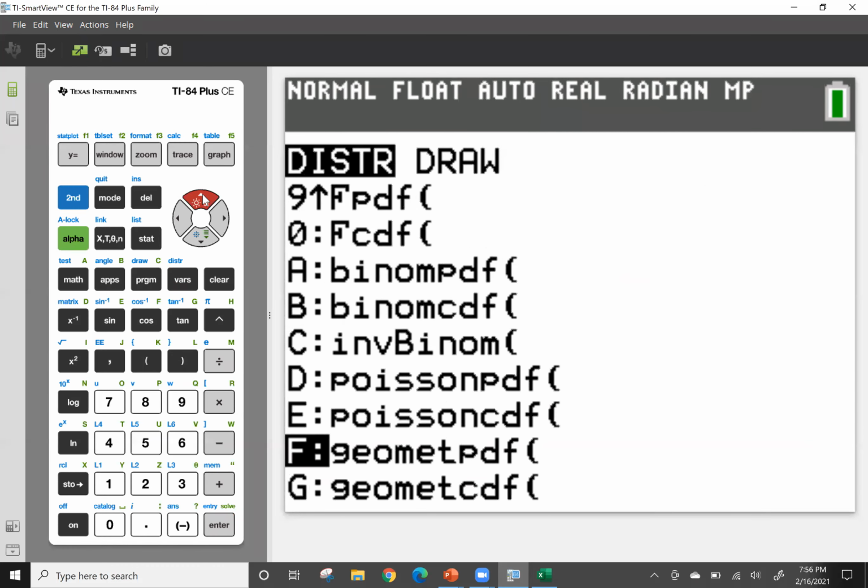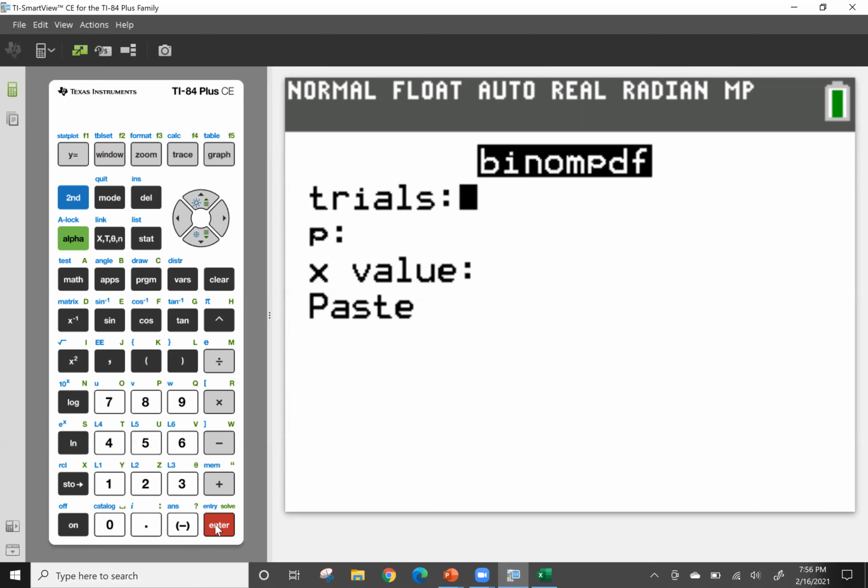Okay, so I'm going to go to my binom distribution and I want the PDF, so that is A. The number of trials, well, there are 100 pages that we're looking at. And I'm going to type in P as a fraction, and my calculator will calculate that for me. So 8 divided by 560. When I hit enter, I go to the X value and type in 2.